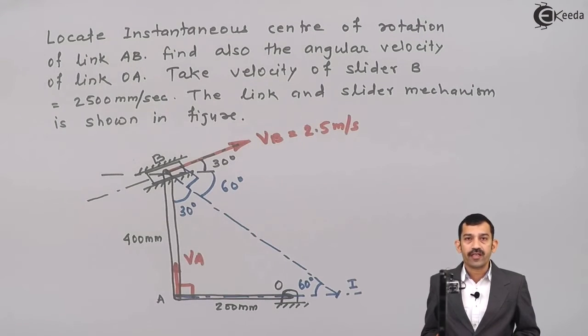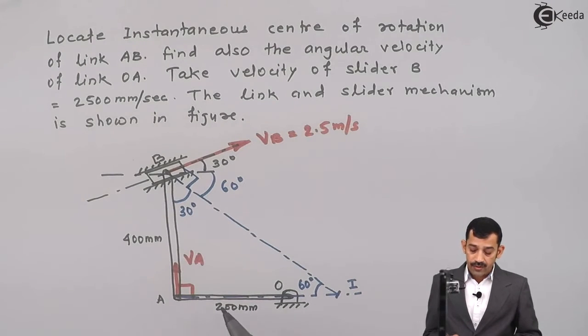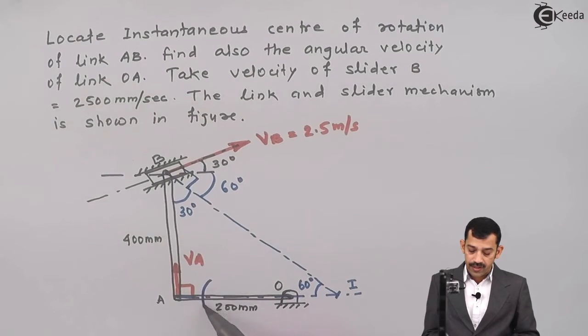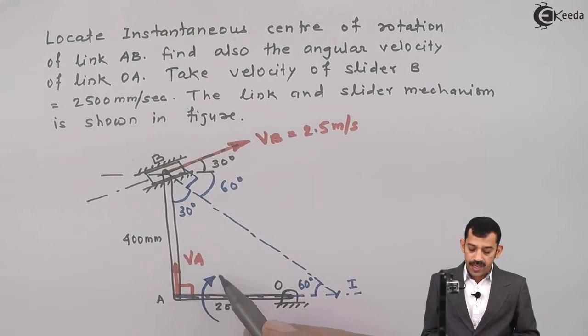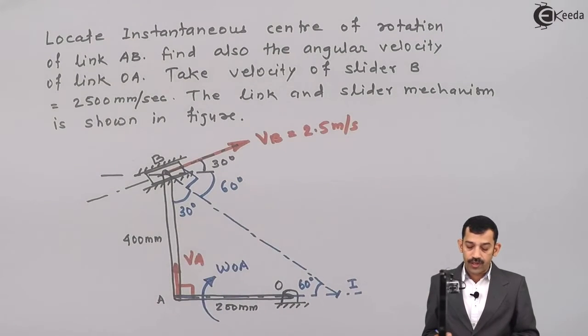Now point A is a common point on link AB and OA. Therefore, for link OA, using the equation V equal to R omega for point A, VA equals OA into omega OA. As VA is upward and it rotates about point O, the direction of omega OA is clockwise.